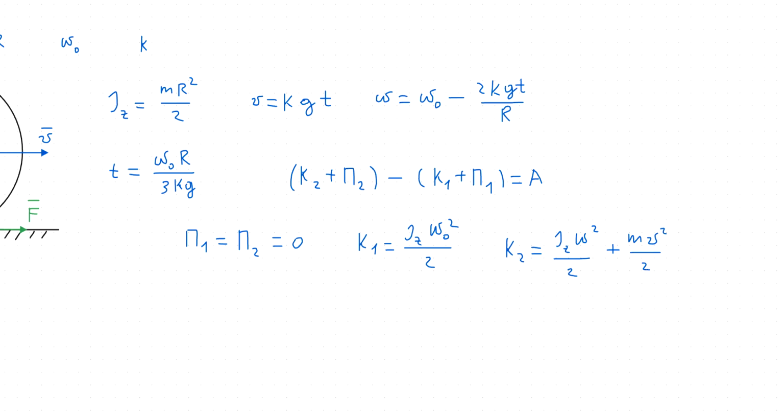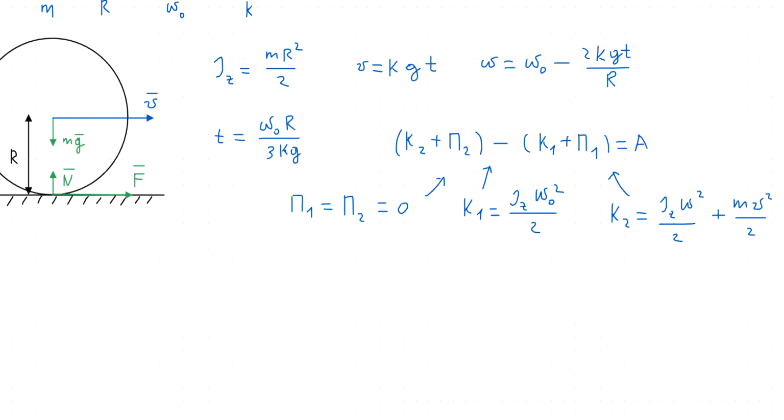Okay, we have formulas for energies, so we can use them to find the work of force of friction. And this work will cause heating of the cylinder and the surface.